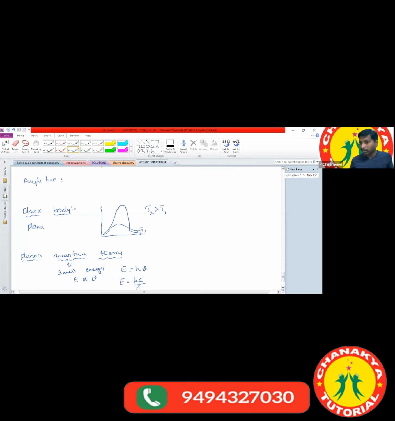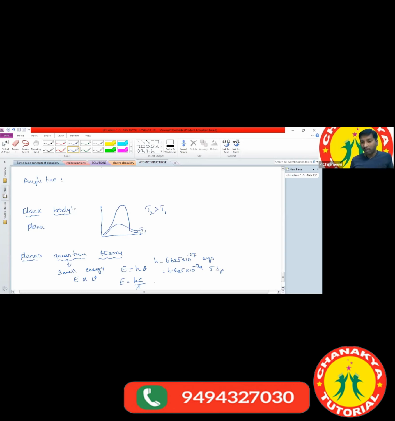Here h is the Planck constant, 6.625 into 10 power minus 27 erg seconds, or 6.625 into 10 power minus 34 joule seconds. If you substitute these values, we can calculate the energy.